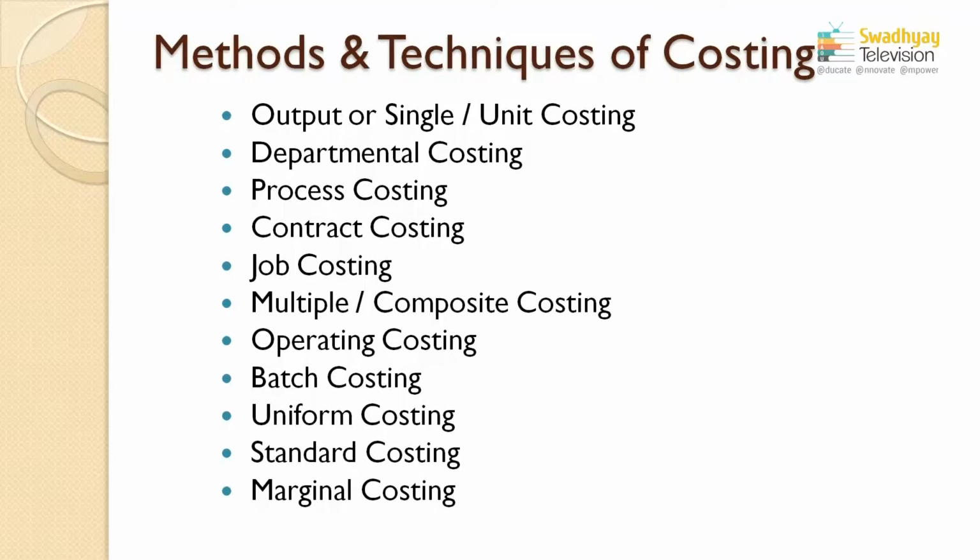Moving to the next method, that is process costing. Process costing is actually involved with the organization where a number of processes are involved. It means that if the manufacturing product is not converted into a finished product in one process, but requires a number of processes for the final goods, in that sense process costing may be involved.